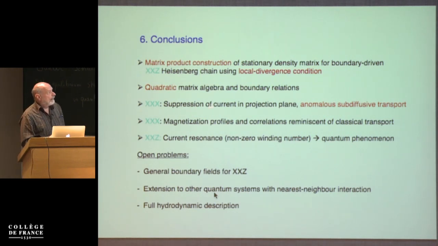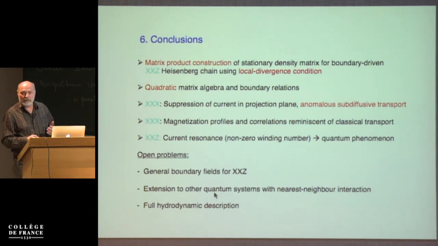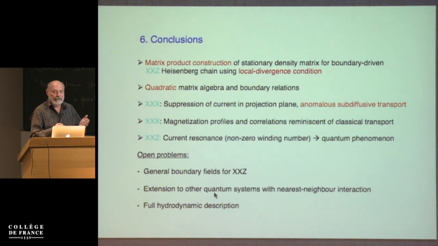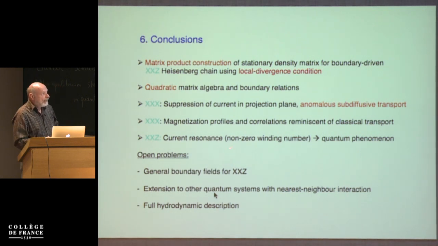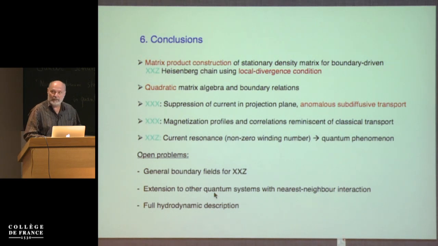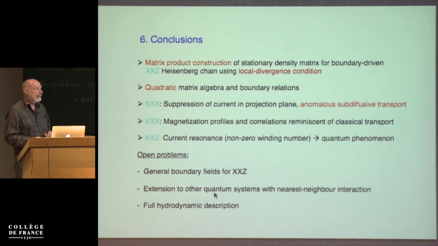And the current in the z direction, perpendicular, will be just normal current. The magnetization profiles and the correlations, however, are in some sense reminiscent of what we saw in the classical case, where we have nice general theories. If you have the XXZ case, then again, we have a current resonance and a non-zero winding number, which I believe is a quantum phenomenon. I cannot imagine anything happening like this in a classical situation.